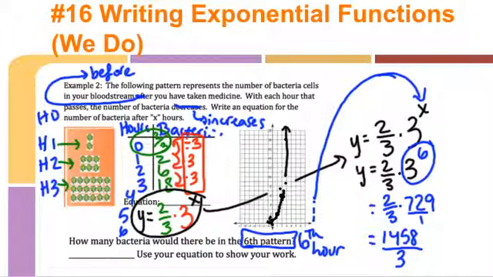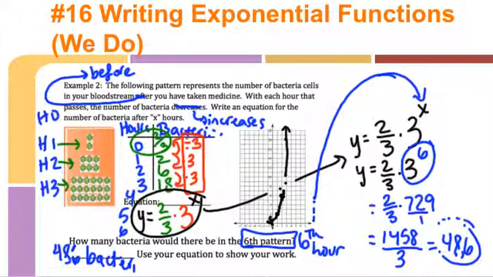And then let me see what that gives me. 486. So that means that 486 bacteria would be present in the 6th hour.